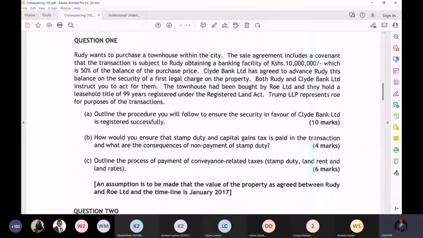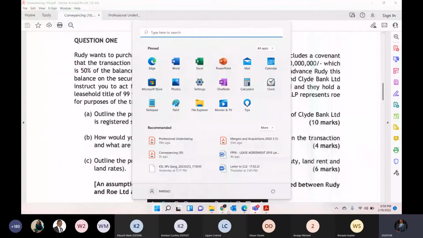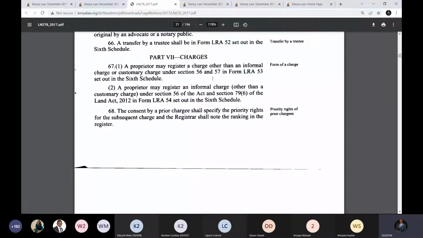So you've prepared the documents. Let's start with the charge. You've prepared the charge. What is the next step? After preparing the charge instrument, which is Form LRA 53, you send this charge instrument to who?